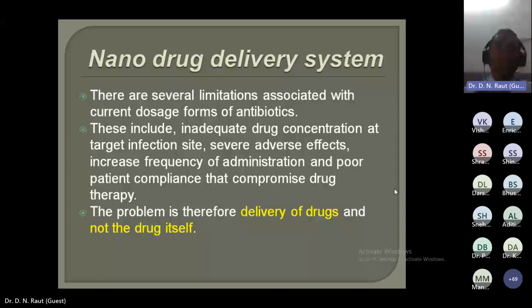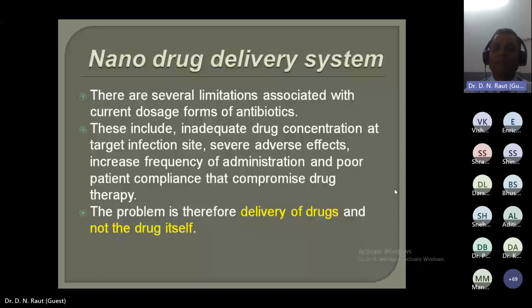To kill that particular infection or cancerous cell, the drug should have particular toxicity to those cancerous or infective cells, bacteria or viruses, but should not produce any effect on the normal cell. So we have to find a way to carry this out, and nanotechnology plays an important role here.